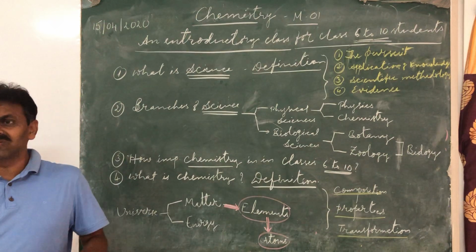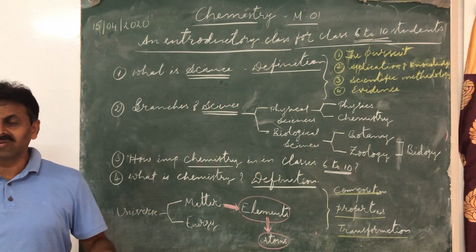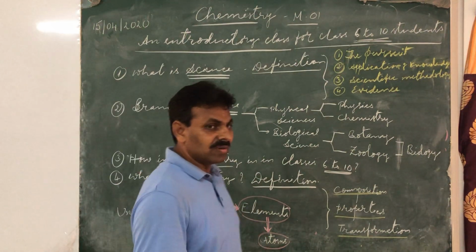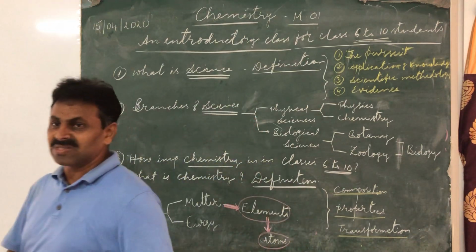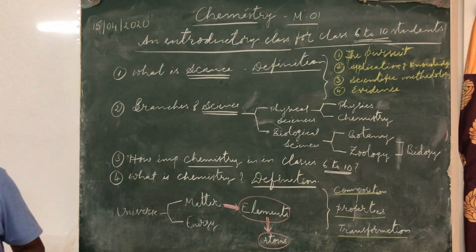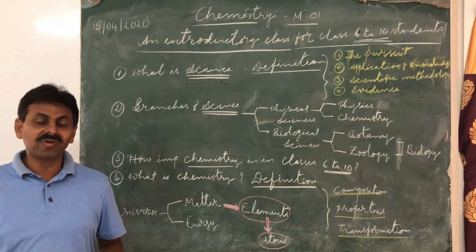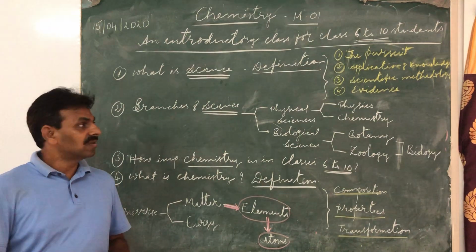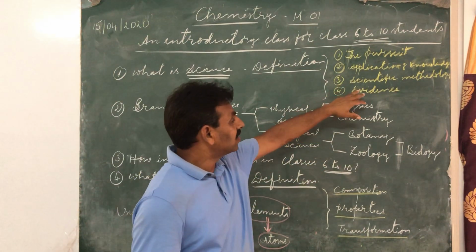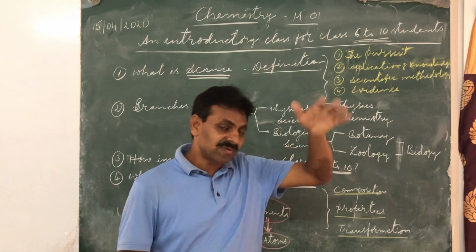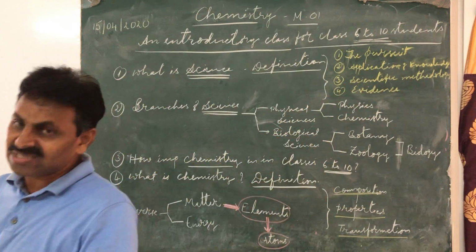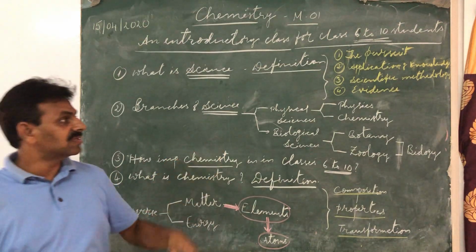It's not that you give any law or rule or principle based on your hypothesis. No. That needs evidence. That needs proof. That needs repetition. Those are the steps which are involved in scientific methodology.